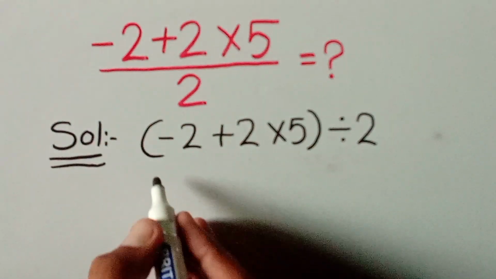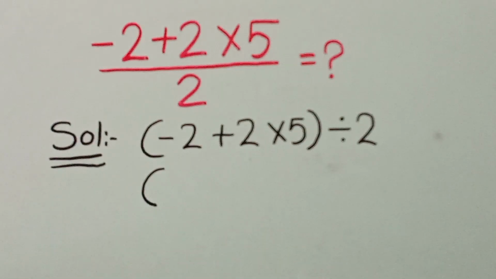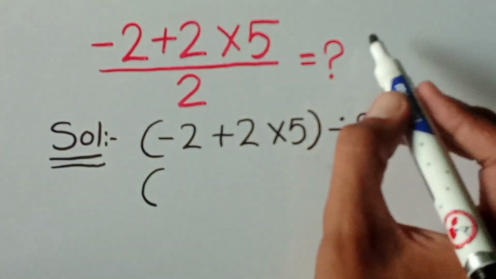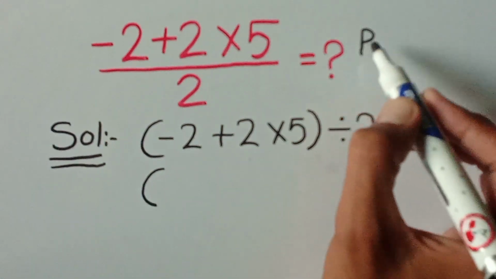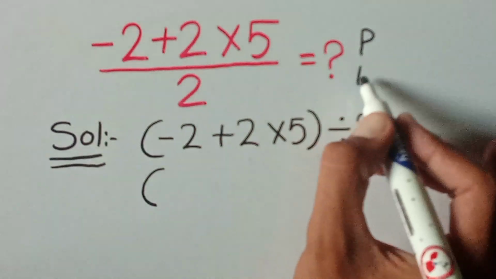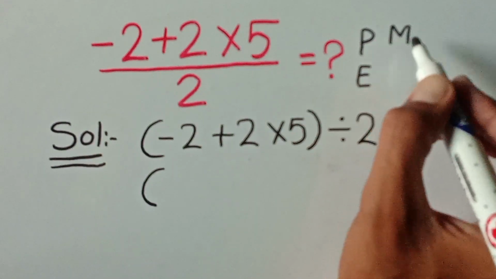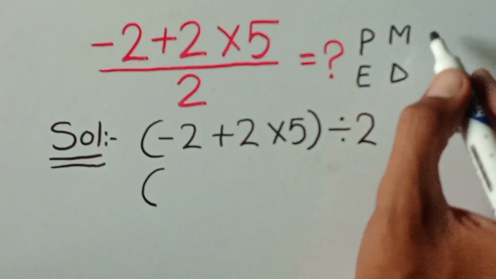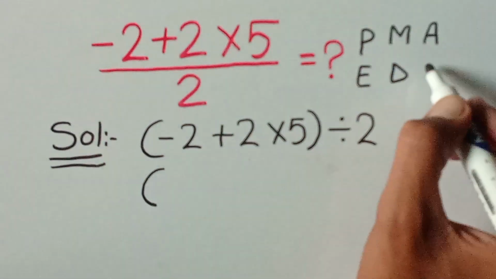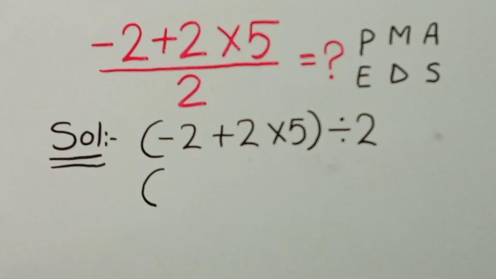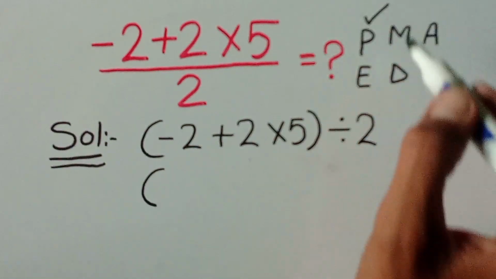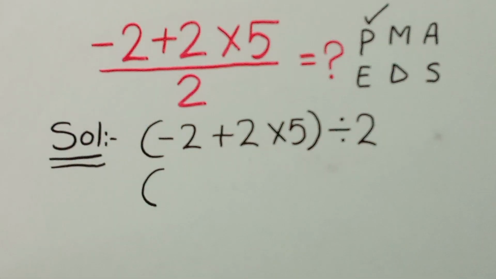Now again guys, in the next step we will learn about the PEMDAS rule, where P stands for parentheses, E stands for exponent, M stands for multiplication, D stands for division, A and S stand for addition and subtraction. Guys, remember that parentheses have higher priority than other operations like multiplication, division, addition and subtraction.